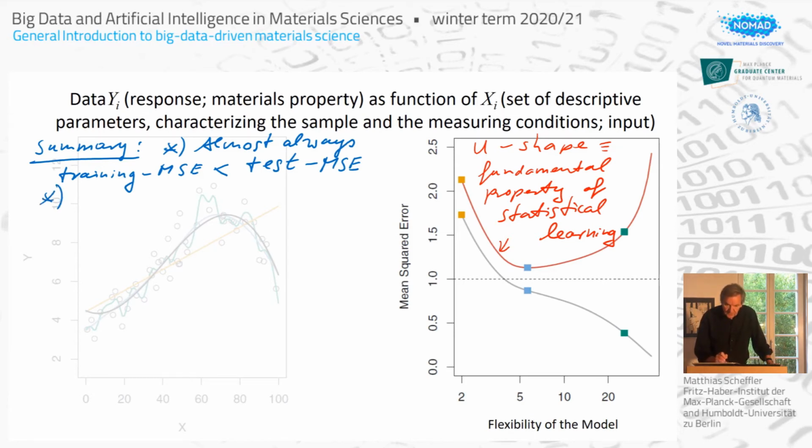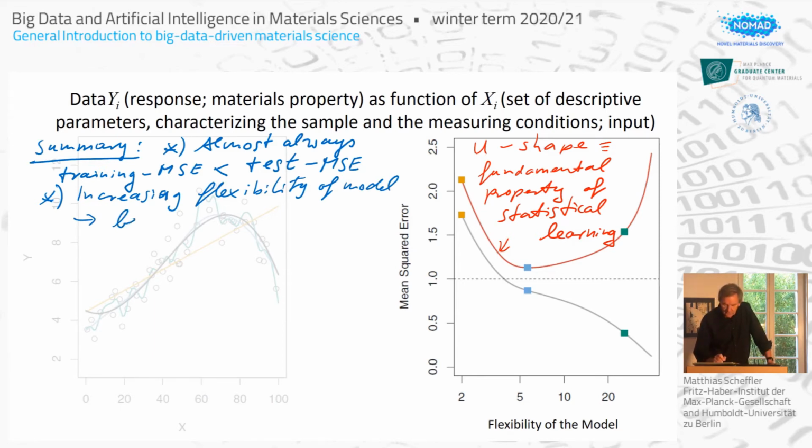Related to that is that if we increase the flexibility of the model, this has several consequences.